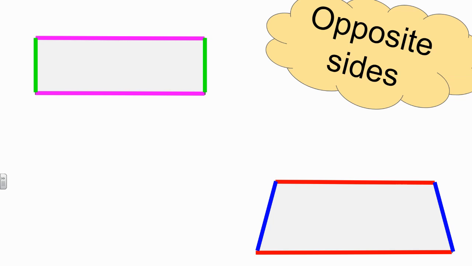So you can see that a shape with four sides, like a quadrilateral, has two pairs of opposite sides. Let's take a look at this quadrilateral. One pair of opposite sides is in blue here. The other pair of opposite sides that are across from each other are in black. And so when we're going to be talking about quadrilaterals, one of the things you're going to have to look for are how the opposite sides are. And so we just needed to talk about what opposite sides means.